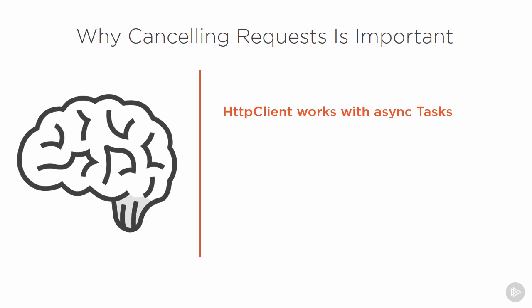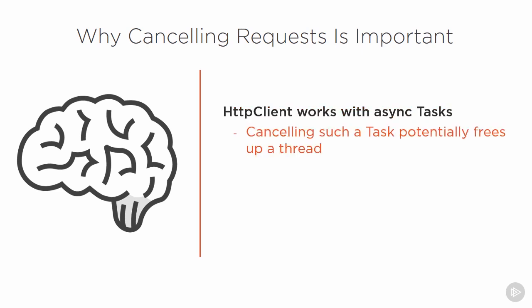If you're interested, I've got a full course on using async when building an API with ASP.NET Core that goes into a lot of detail on those tasks and asynchronicity. But for our purposes, it's important to know that cancelling a task that's no longer needed will free up the thread that's used to run the task. And that means that that thread is potentially returned to the thread pool where it can be used for other work. This thus improves the scalability of our application.